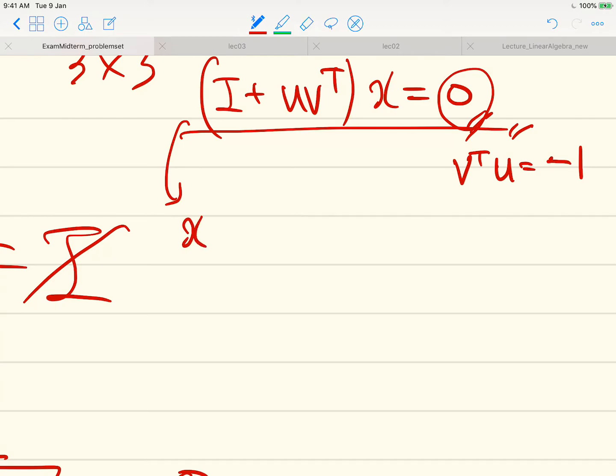Let's just distribute this multiplication, and then plus... okay, so what kind of trick can we apply over here to obtain x?